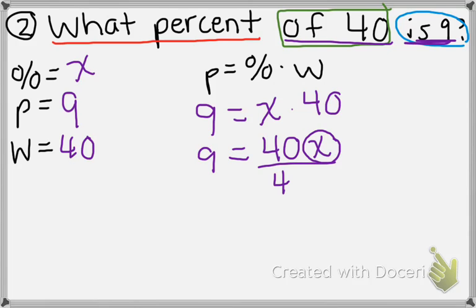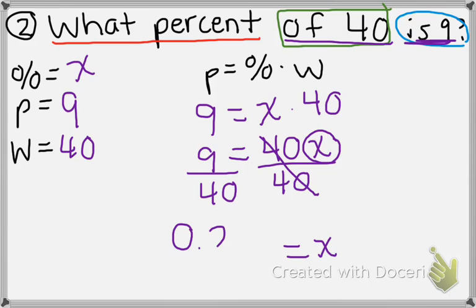You divide by 40, because 40 divided by 40 is 1, times X is X. We have to do that on both sides. So X is going to be 9 divided by 40. When you do that, you're going to get a decimal, 0.225. Again, we're looking for the percent. X equals the percent.